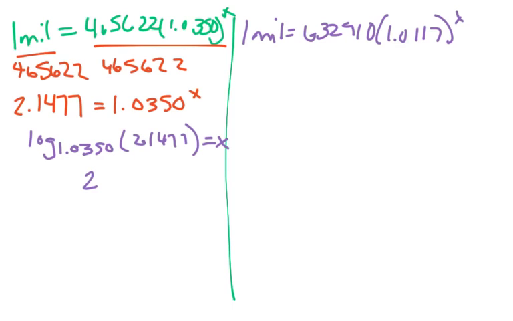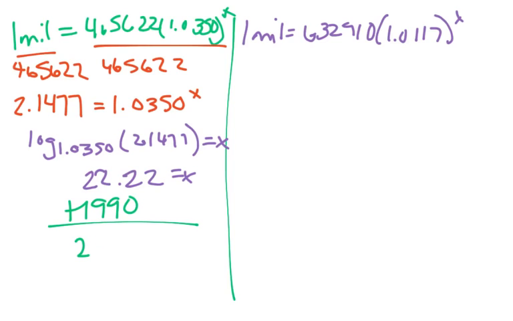Okay, so we're apparently getting 22.22. And again, plus 1990, the initial year that we're starting out at. That means in 2012 that Austin will reach, or did reach, 1 million.